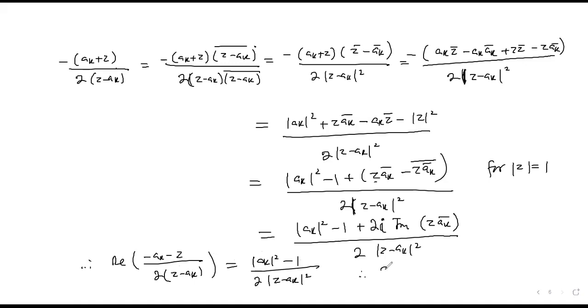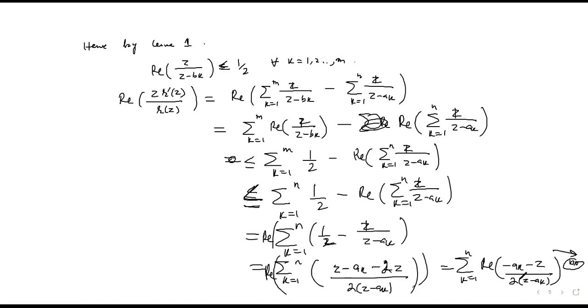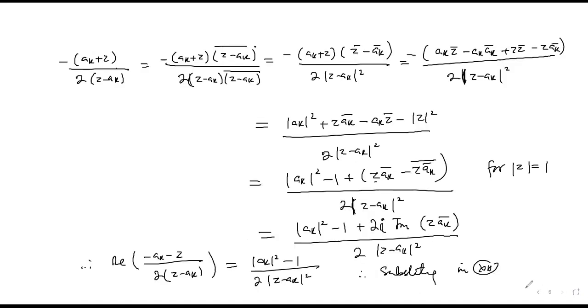Therefore, substituting in second star, because that is where we had to do it, we will substitute the real part. So we get, real part of z times r'(z) divided by r(z) is less than or equal to summation k runs from 1 to n of modulus of a_k squared minus 1 divided by 2 times modulus of z minus a_k squared.